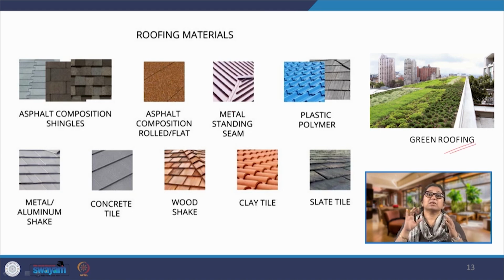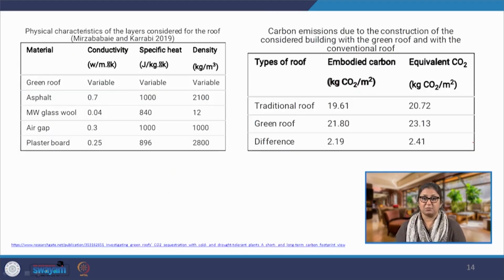As a perception, we would think that the green roof is the best because it has so many other benefits, but if we look at the emission aspect of it, then we would see that the green roof probably has a higher carbon footprint.